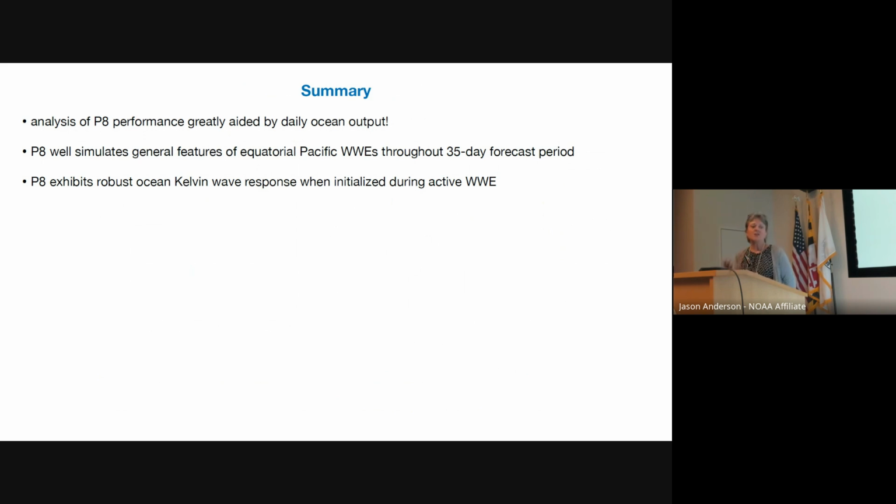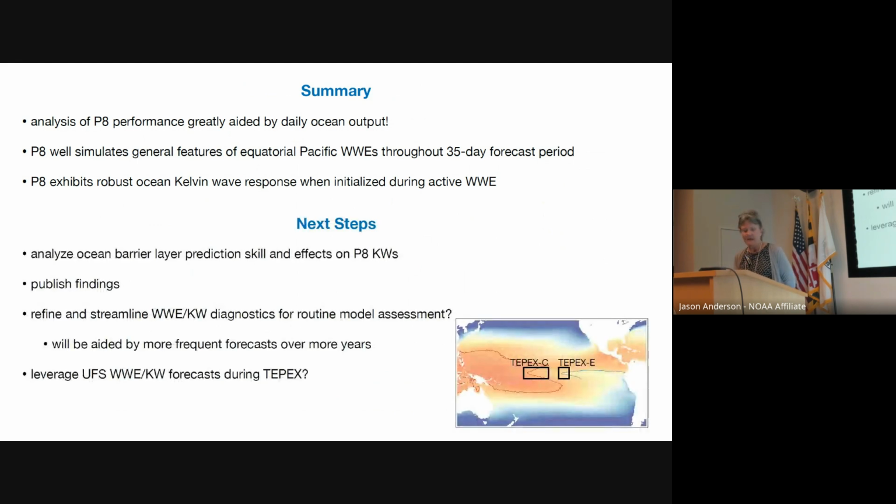Initially, even though we've really only looked at a few case studies, the P8 appears to simulate the general features of the westerly wind events well. It has a robust Kelvin wave response. We remain curious about the westward propagating features embedded here. And we're not finished.